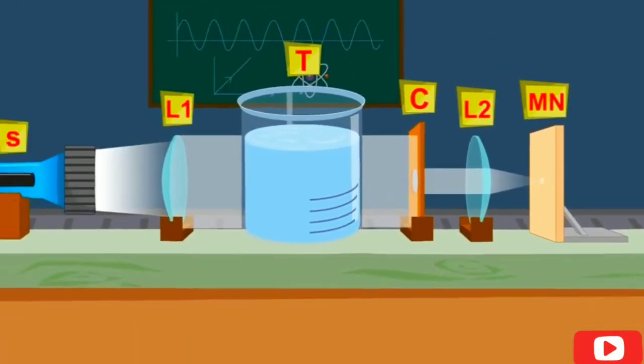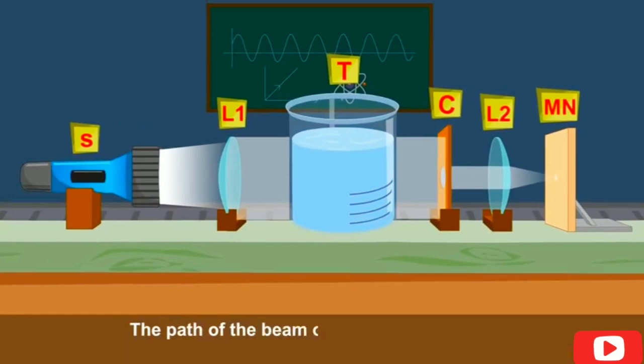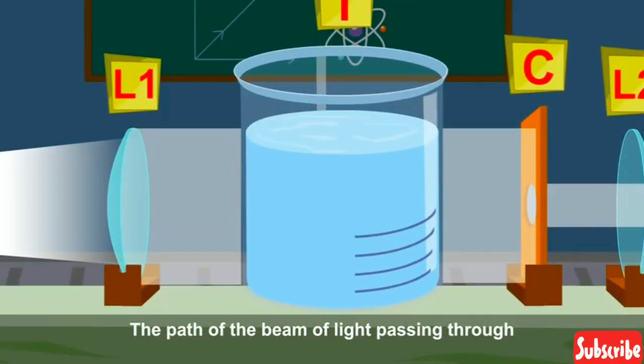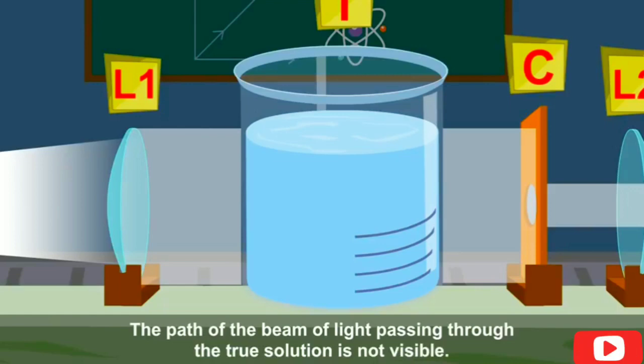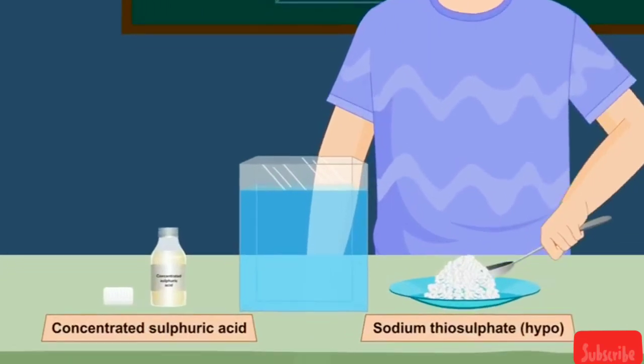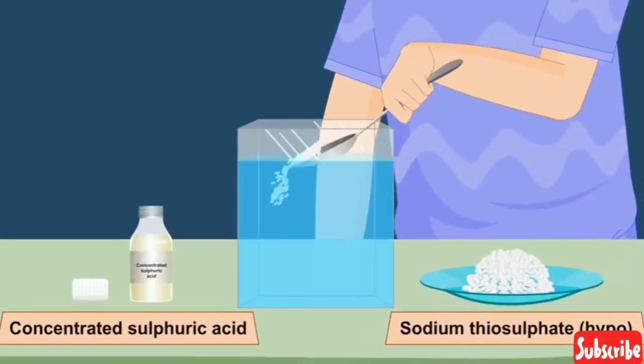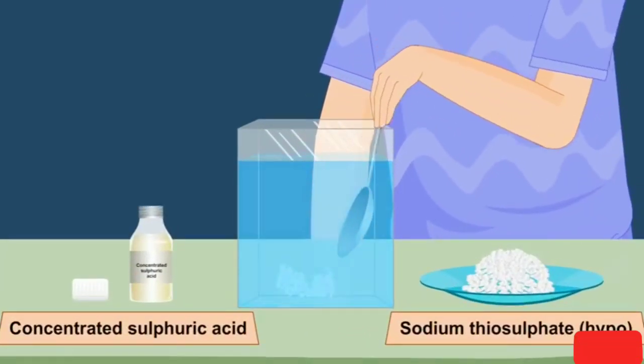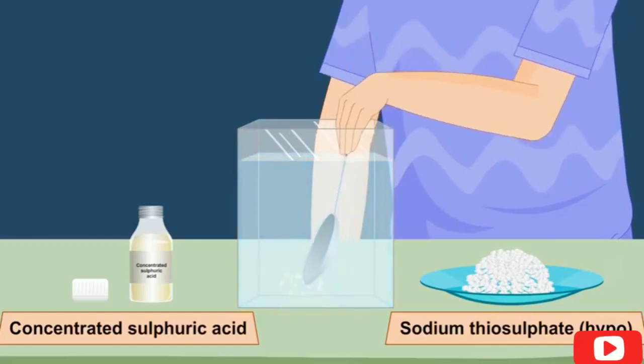As you can see, the path of the beam of light passing through the clear water, that is a true solution, is not visible. Next, dissolve about 200 grams of sodium thiosulfate or hypo in clean water in the tank.